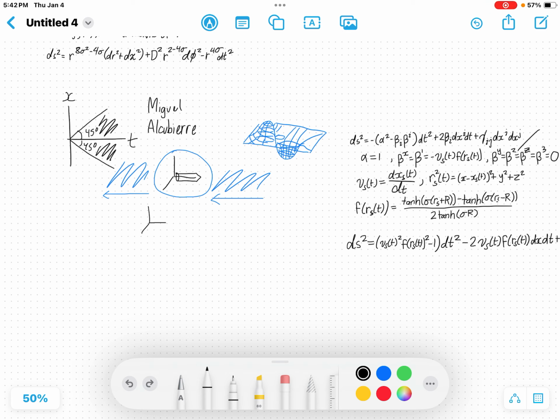Now the problem with the metric is that in order to actually manipulate space in this manner, we require negative mass. So where the heck do we get negative mass? This is also called exotic matter, and it's actually hard to find.